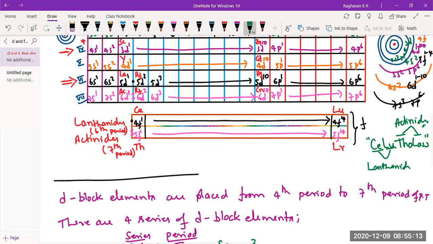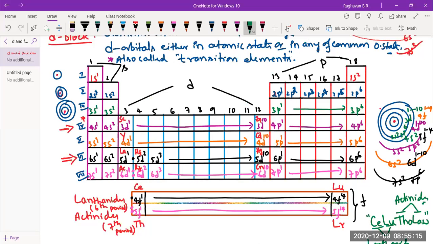I think Nikita was telling they have properties similar to those of the S and P blocks. Any other explanation? Sir, they show a change in properties in moving from the first period to the last period of the periodic table. What property is changed? Metallic to non-metallic. So that's the correct answer.